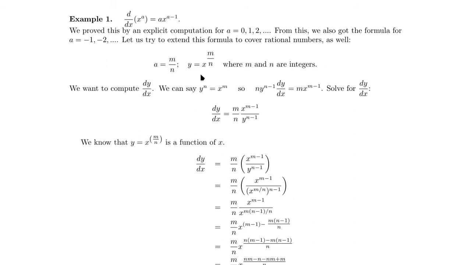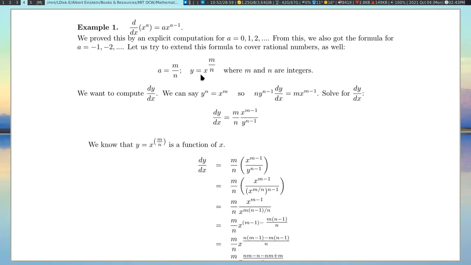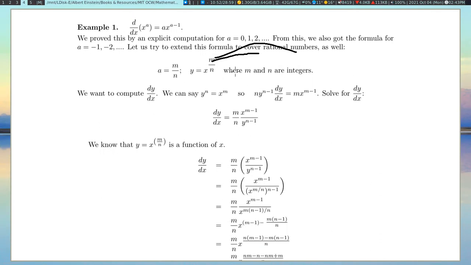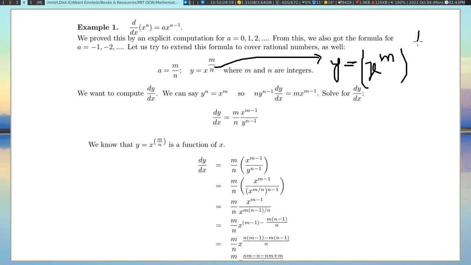So what you do is you say that x to the m over n can be written as x to the m, raised to the power 1 over n. So this can be written as y equals x to the power m, taken to the power 1 over n.